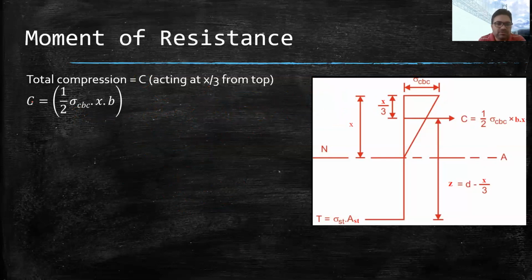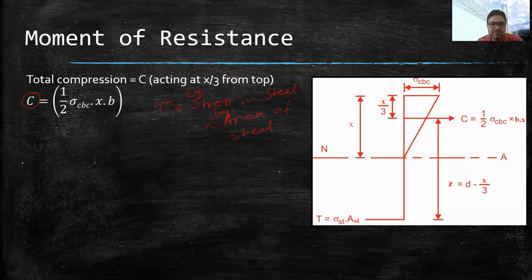So this is how we get the value of C. Now that we have calculated the value of C, we will find out the value of T. T is called the tensile force, and as it is a force, it will be equal to stress in steel multiplied by the area of steel. I am writing equivalent here because in the previous lecture I explained the transformed section. In the transformed section we find the equivalent area of the steel and the equivalent stress.